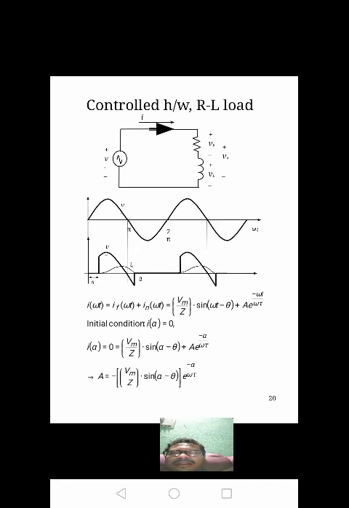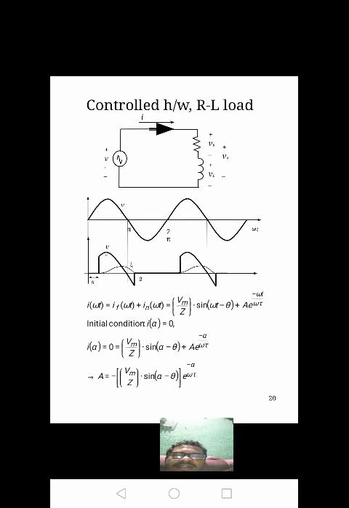Similarly, for the controlled half wave rectifier with RL load. In the previous case we were using only power diodes; here there is a controlling action due to the thyristor. The input waveform is the common sinusoidal waveform, but the output waveform is slightly different.